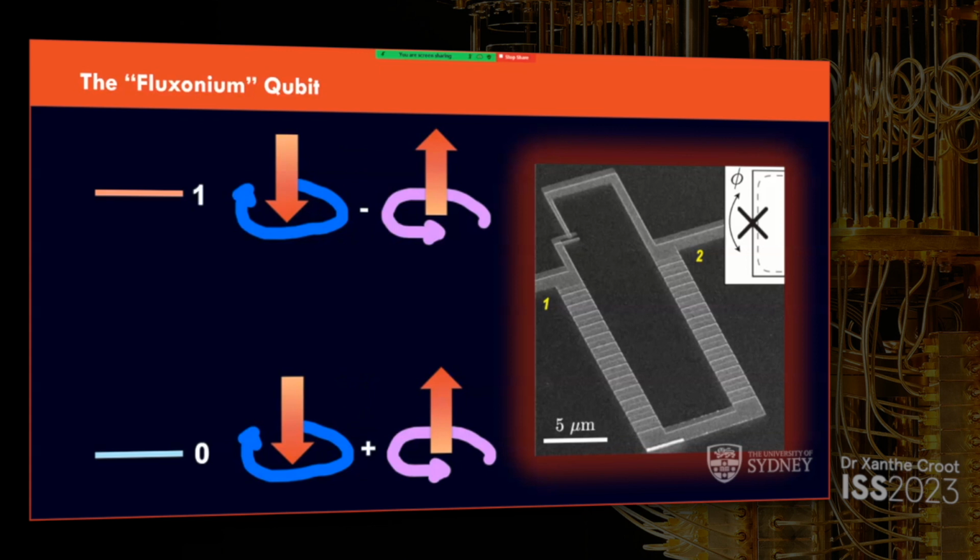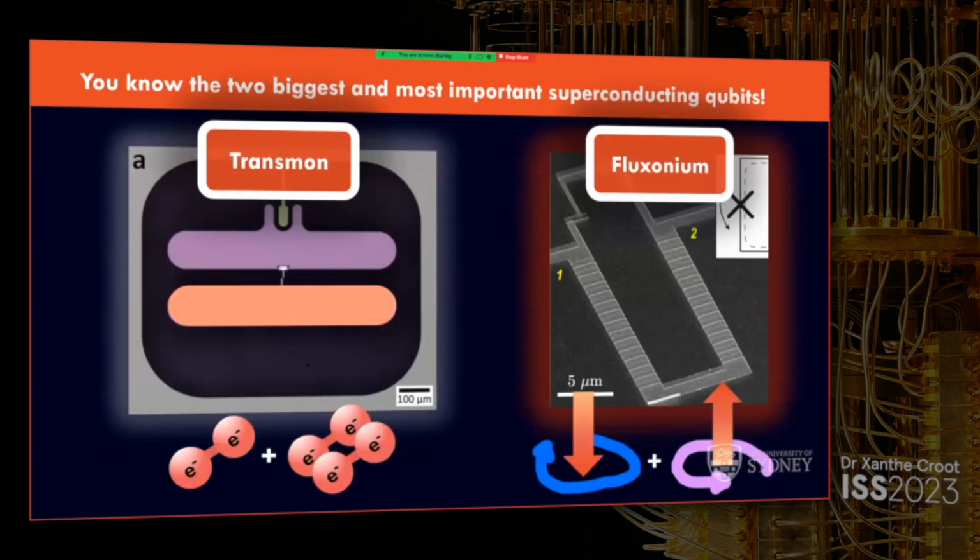This is called a fluxonium qubit, and it is the other really big famous qubit that's being pursued by groups around the world. Okay, so I've given you an introduction. You now know basically what you need to know about the biggest efforts in superconducting quantum computing. These are the 2 qubits that people use most commonly.